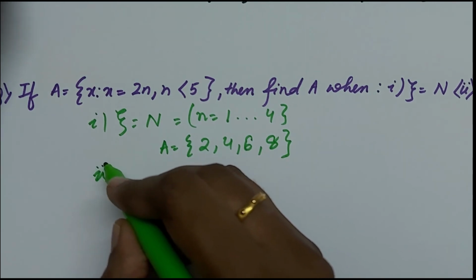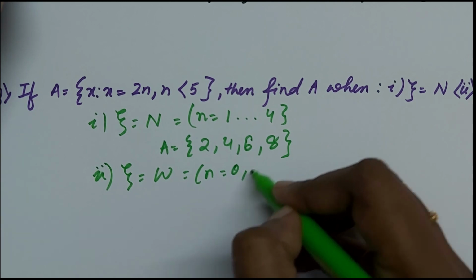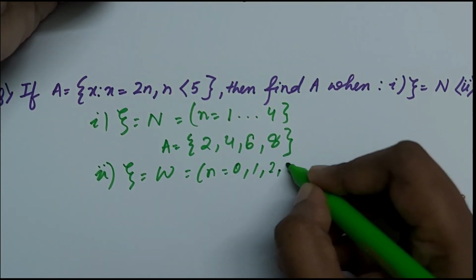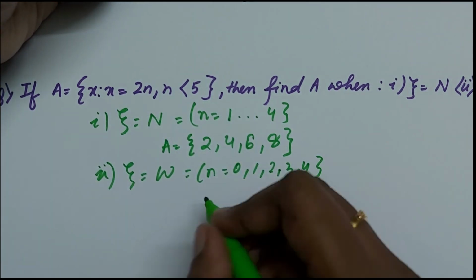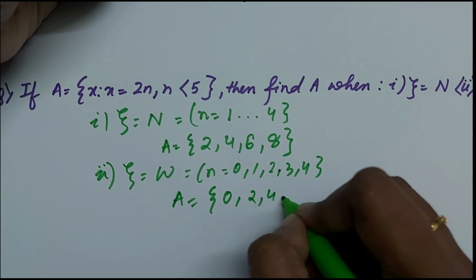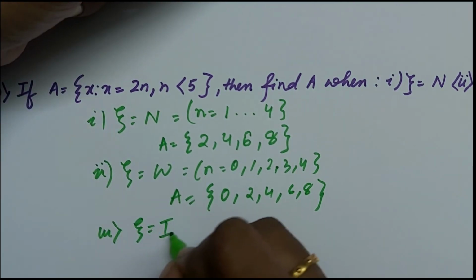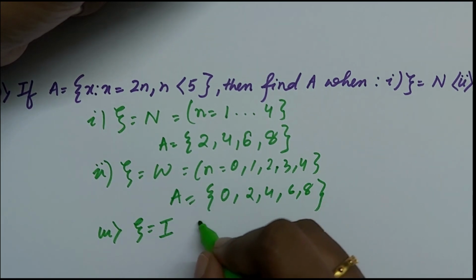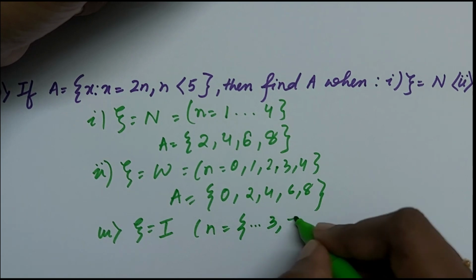For bit 2, where the universal set belongs to whole numbers, n's value is going to begin with 0. So we will have 0, 1, 2, 3, 4, and we multiply with 2 to get the set. That is, we will have an additional 0, and the rest of the numbers are the same. And for the last one, where the universal set belongs to integers, the value of n is going to be infinite.